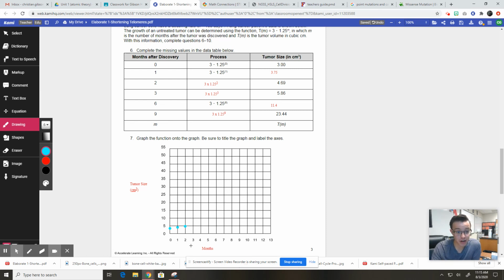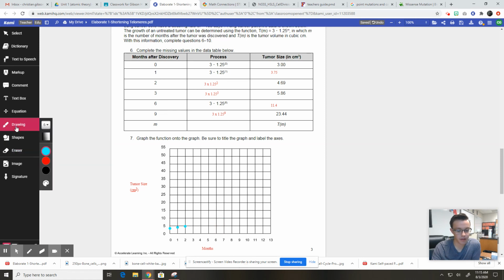All right, after 6 months, it is now at 5.86, which is right here. And then after 9 months, sorry, I skipped a month. My bad. Let me erase that.